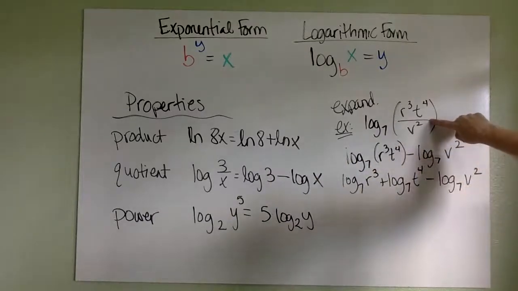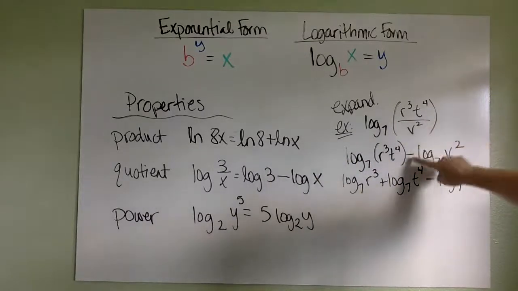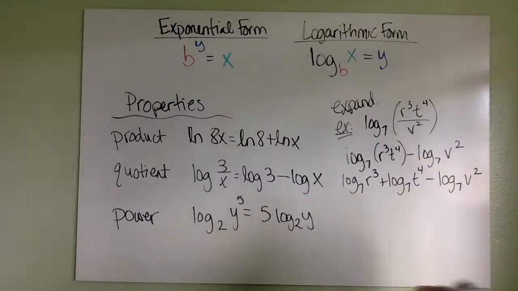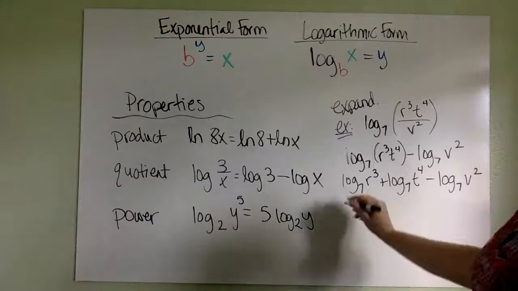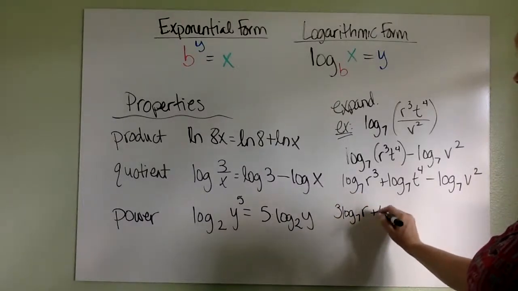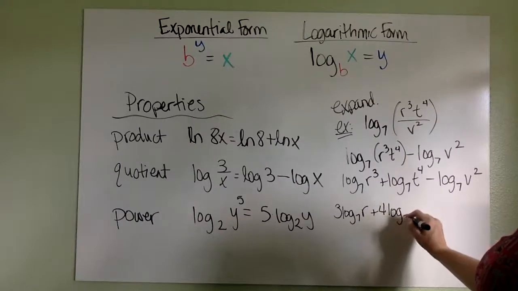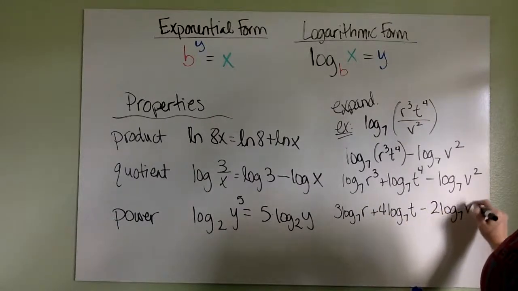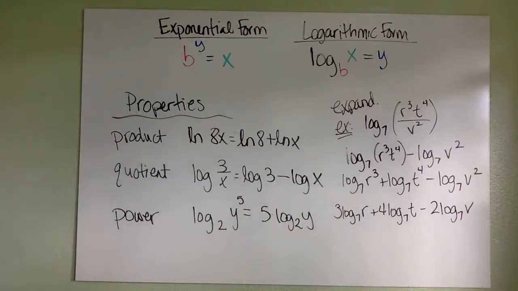This quotient division turned into subtraction using the quotient property. And then the last property would be our power. So the 3 comes down in front. So this is 3 log base 7 of r plus 4 log base 7 of t minus 2 log base 7 of v. Now, this is not one of the problems on your purple worksheet, but it is similar to the questions set on 17A.